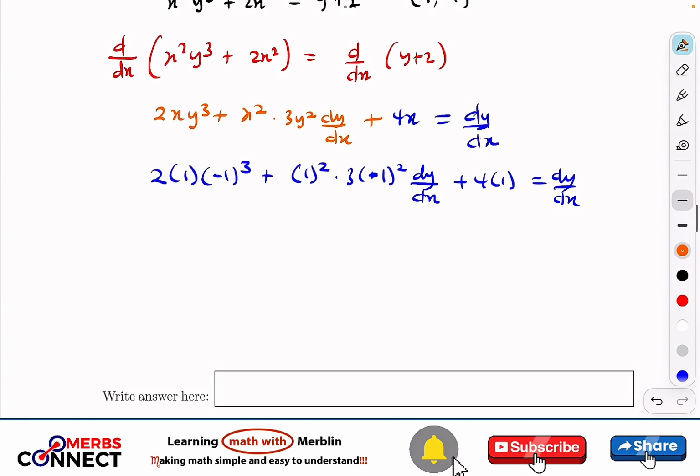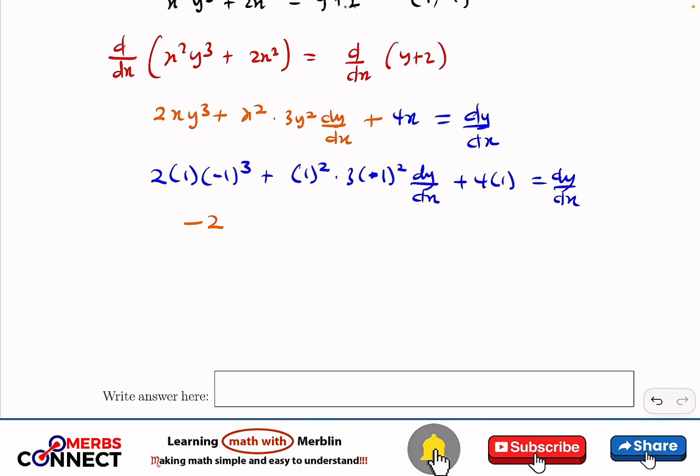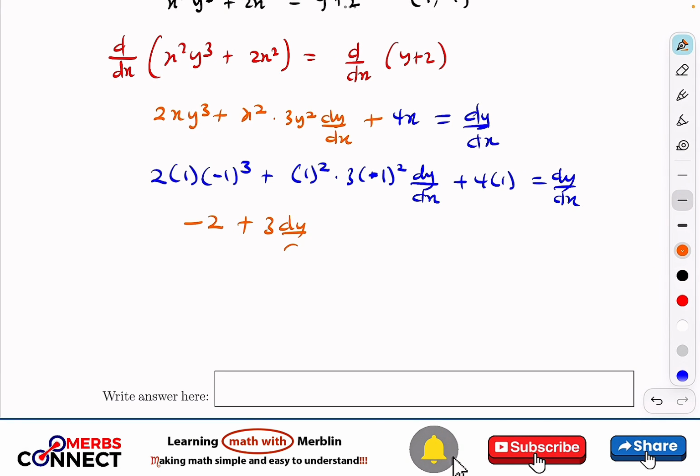So this one will help us to simplify. So minus 1 to the power 3 is minus 1. So this is going to be minus 2. Then minus 1 to the power 2 will be positive. So this is going to be 3. I'm going to have 3 dy over dx plus 4 is equal to dy over dx.